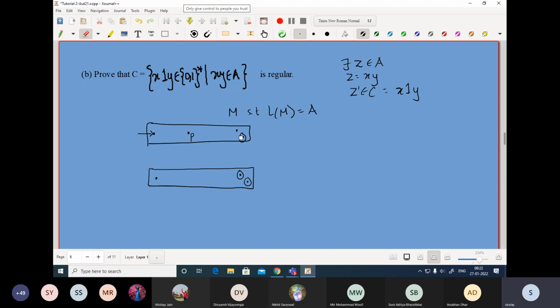Okay, let me try and see what you're saying. Yes, ma'am, we can do this. So from every P to P dash, I'm keeping a 1 transition. Yes, ma'am. Okay, so now prove why this will work.